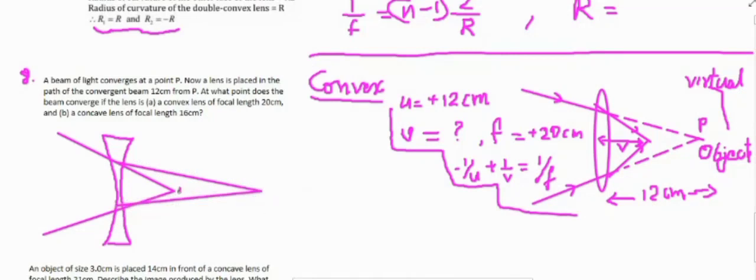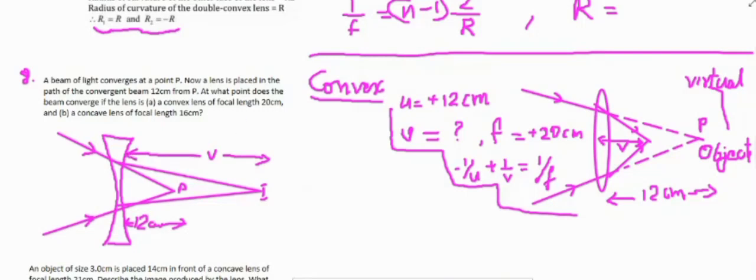So this is point P, 12 centimeter from the lens. Now the new image will be formed here only. So that will be the final image I, and that distance you have to take as image distance.